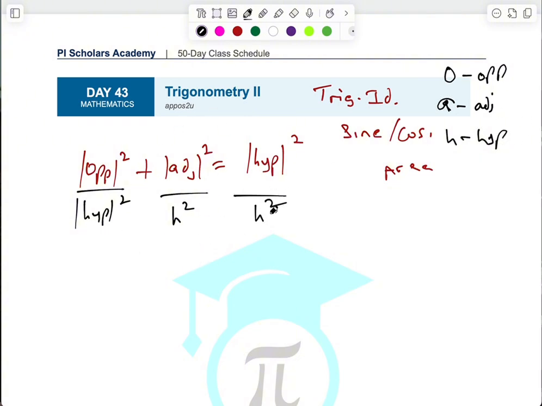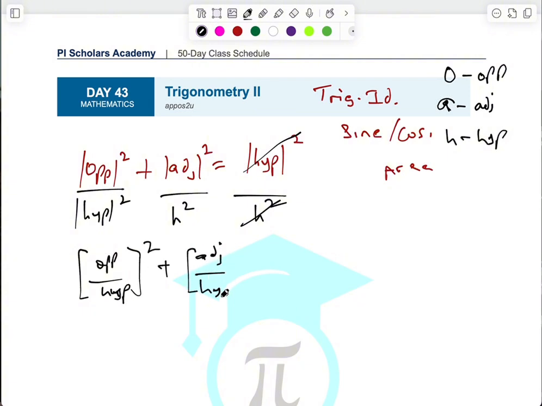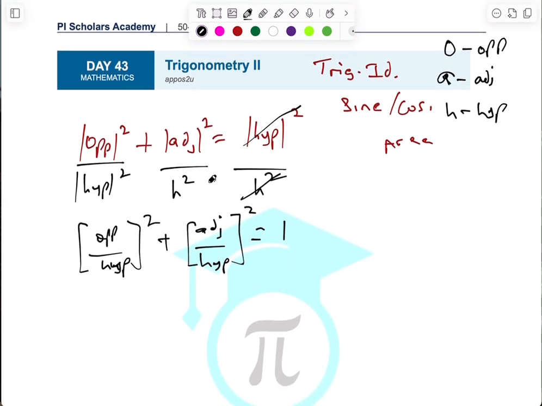Now, what you notice here is that hypotenuse squared cancels out hypotenuse squared. And here you have opposite divided by hypotenuse, all squared, plus adjacent divided by hypotenuse, all squared, and this is going to be equal to 1. Don't forget, we already explained SOHCAHTOA and CHOSHAHCAHTOA in the previous class.